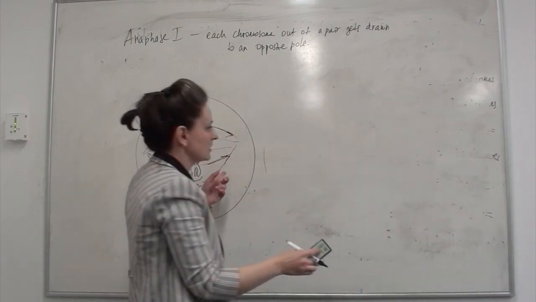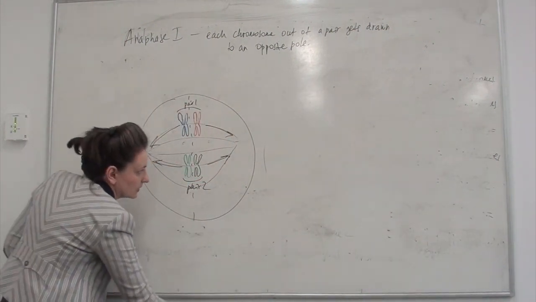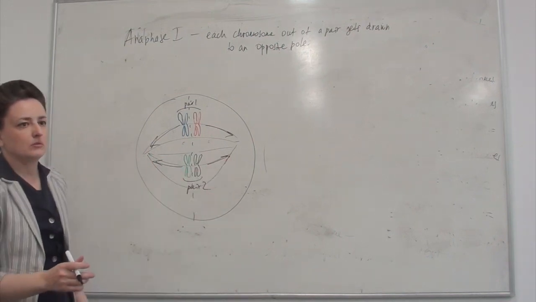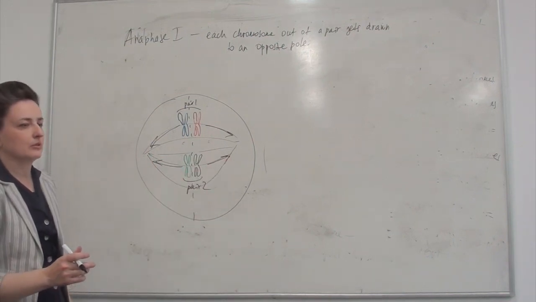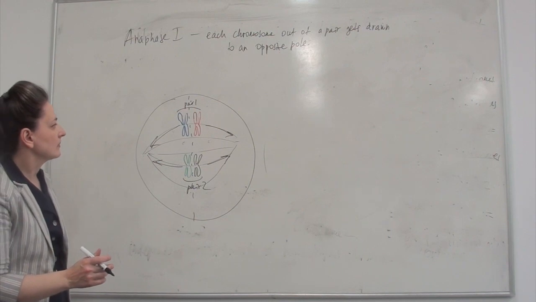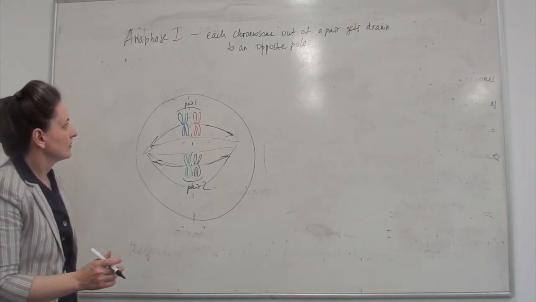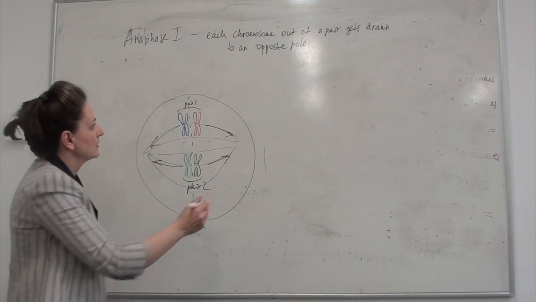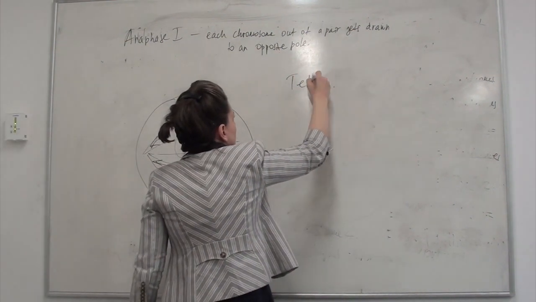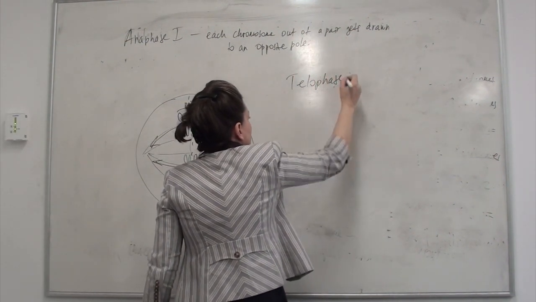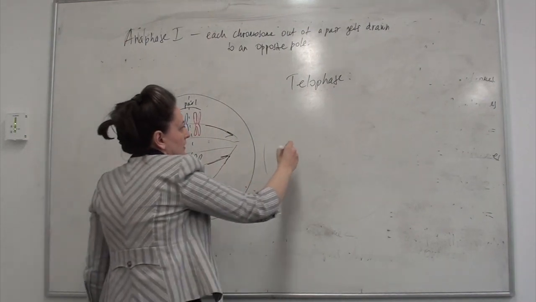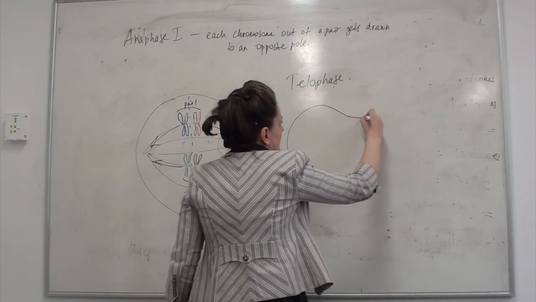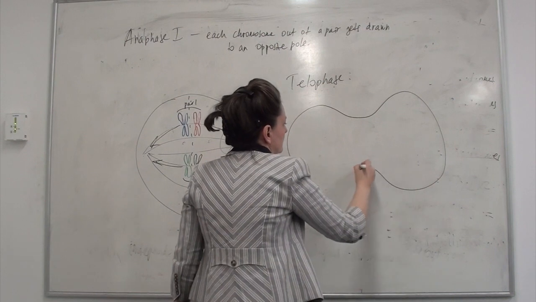So let's stick with this picture and carry on from there, so we don't get two lots of pictures going on at the same time. So in telophase, when we're going to start getting the cells split.